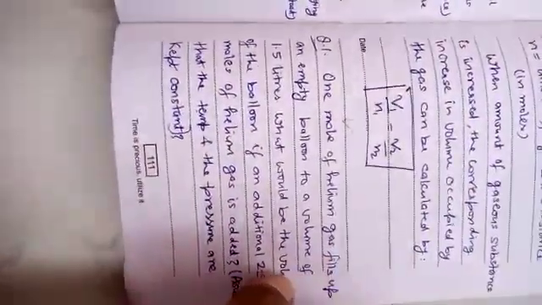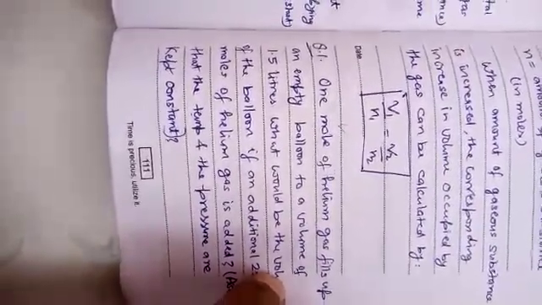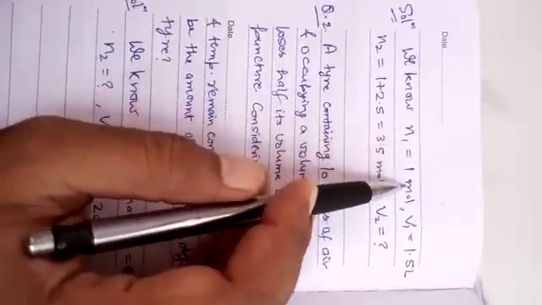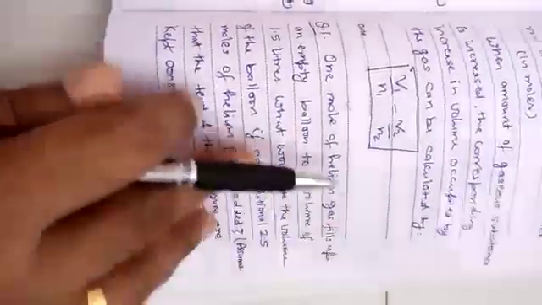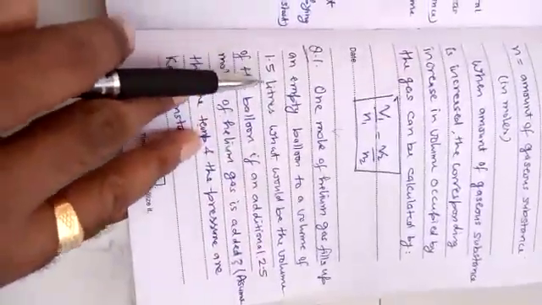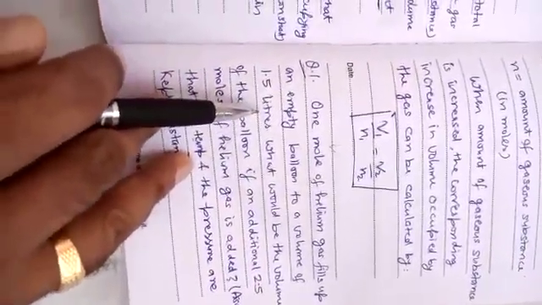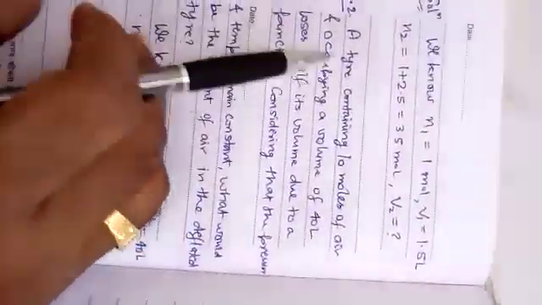Now what we have, we will begin from that. 1 mole of helium gas means we know that n1 is equal to 1 mole. Empty volume 1.5 liter means initial volume, so V1 will be 1.5 liter. And what happens next?